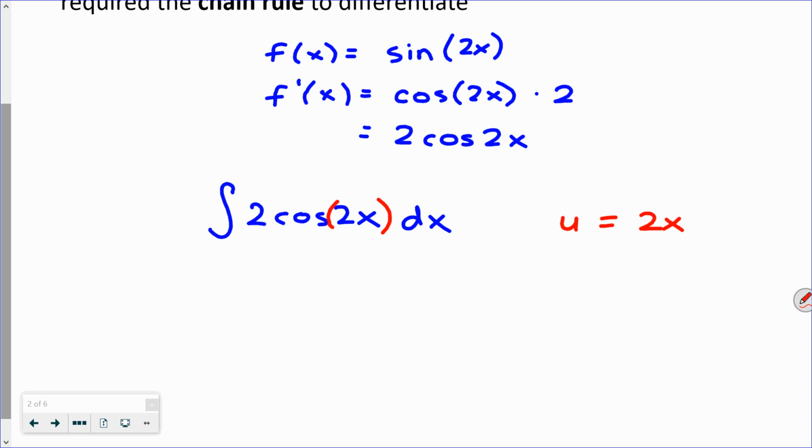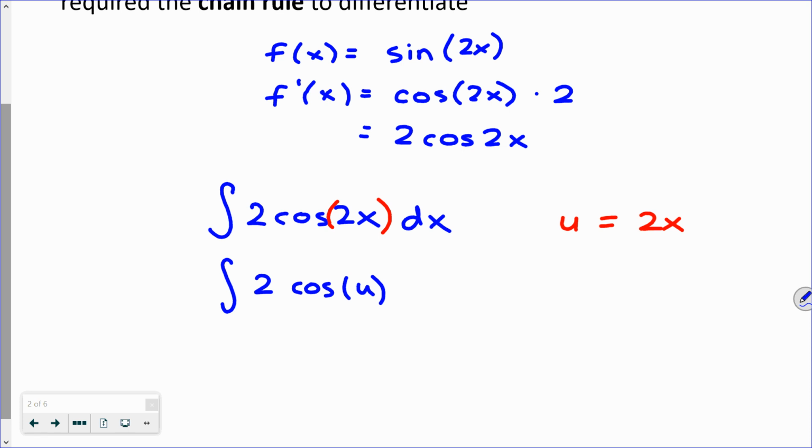We're going to define u to be 2x, and that way we can rewrite the integral that we're trying to do as 2 cosine u. Cosine u is like cosine x, and so it's a very simple function that we actually can do the antiderivative of using the formulas that we have in our formula booklet. So we basically turned it into one of the rules that we do know from our formula booklet.